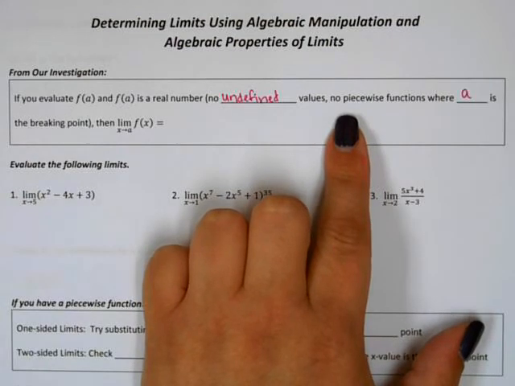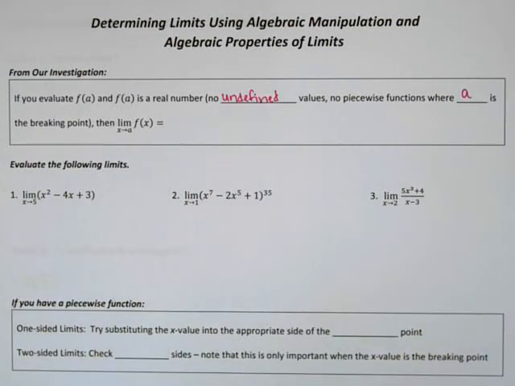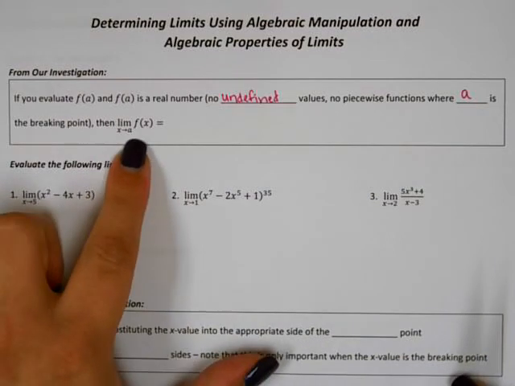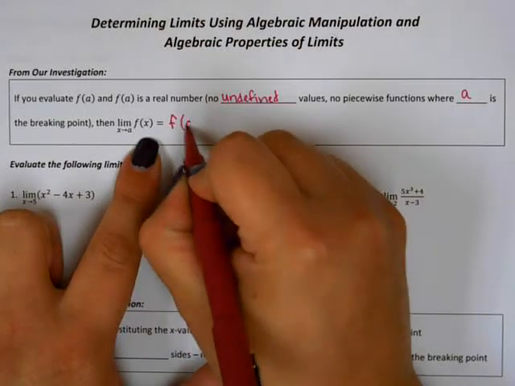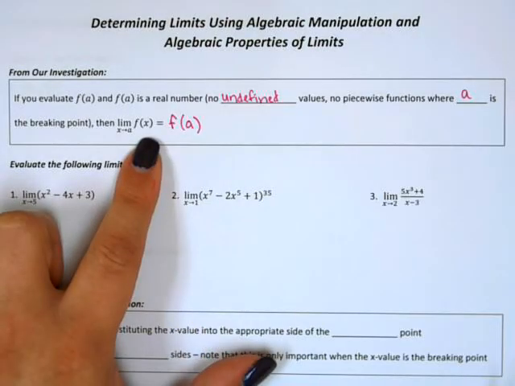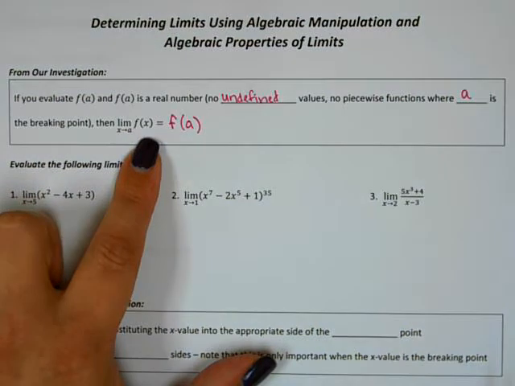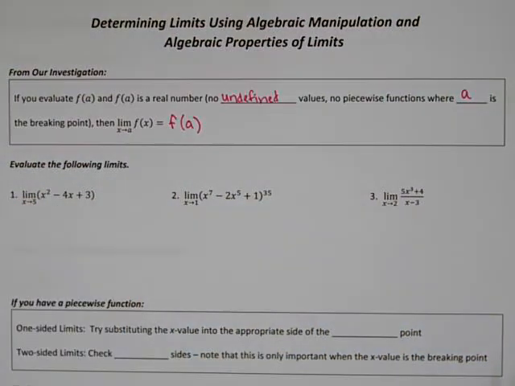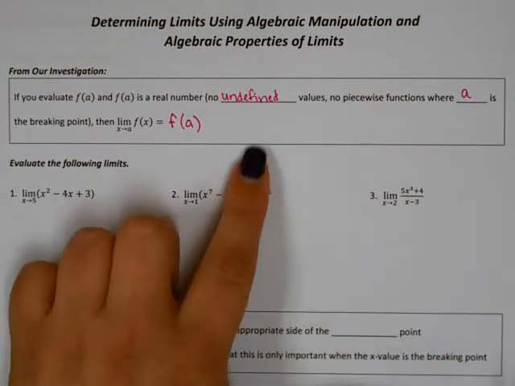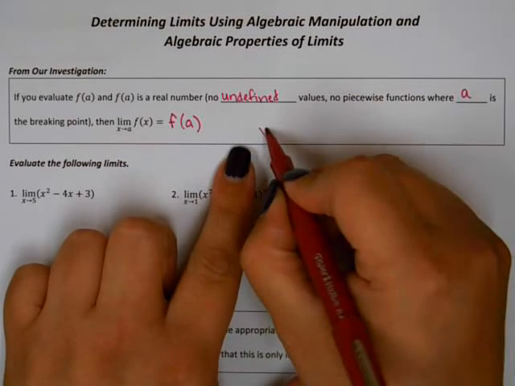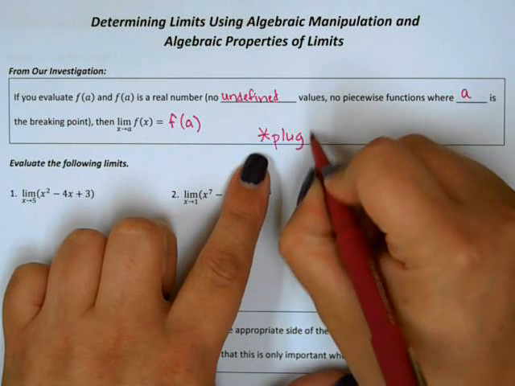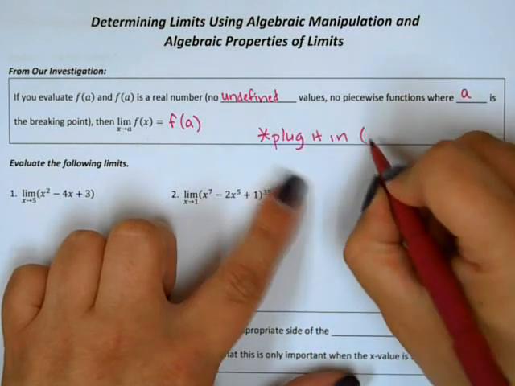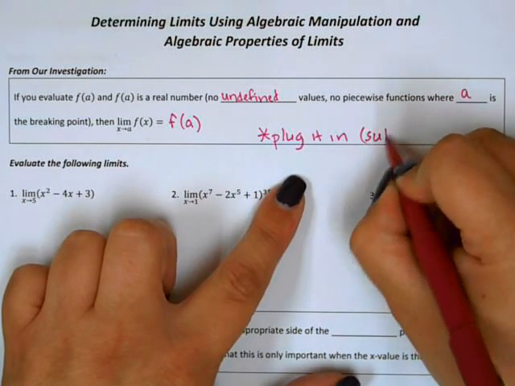As long as those two things don't occur, if you get f of a and it's a real number, then the limit as x approaches a of f of x is simply just f of a. In other words, all you have to do to find a limit, provided that the function value exists at that spot, is plug it in, or substitute it, if we want to get a little bit more mathematical.